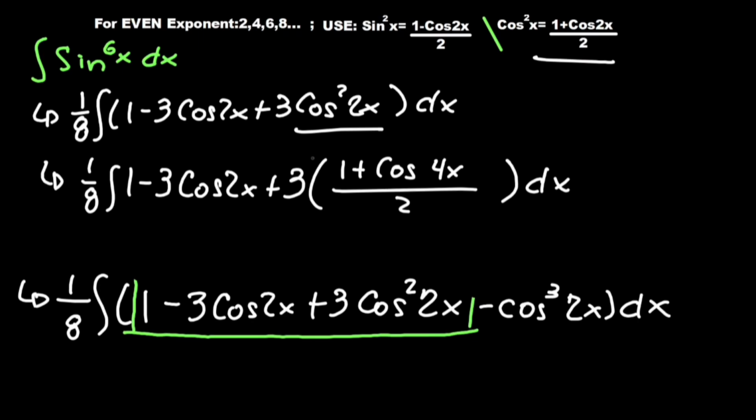And multiplying 3 amongst this, we would have 3 plus 3 cosine of 4x. And so splitting this fraction apart, we would have plus 3 over 2 plus 3 over 2 cosine 4x. Wait, let me just rewrite this.